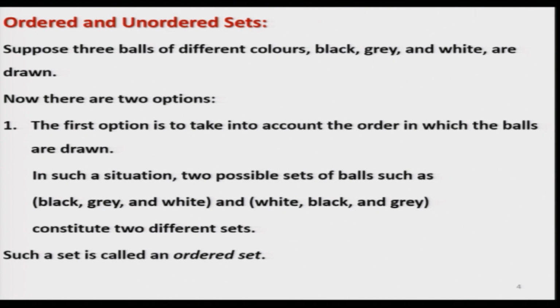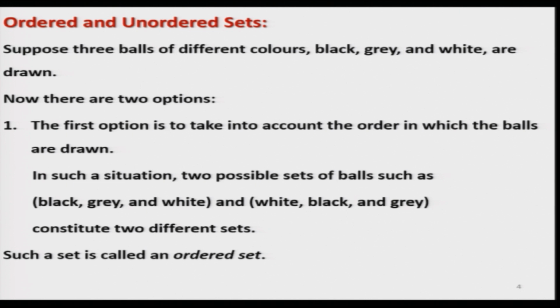Now, just to give you an idea of ordered and unordered sets. As the name suggests, ordered means you are trying to consider the order in which the outcomes are coming. And when you use the word unordered, that clearly indicates that you are considering an experiment in which the order in which the outcomes are coming is not important.